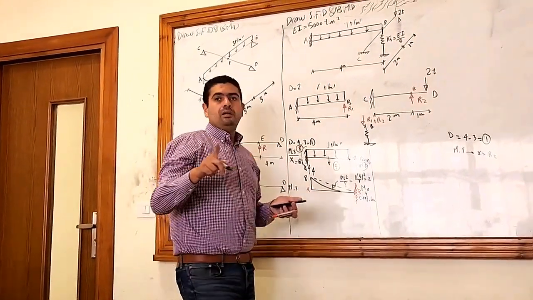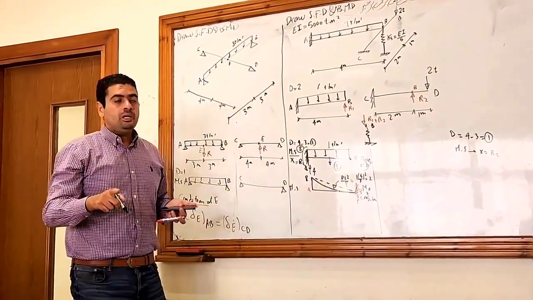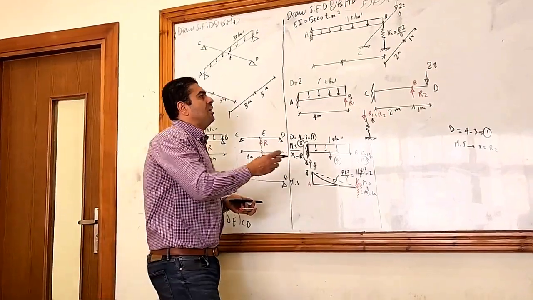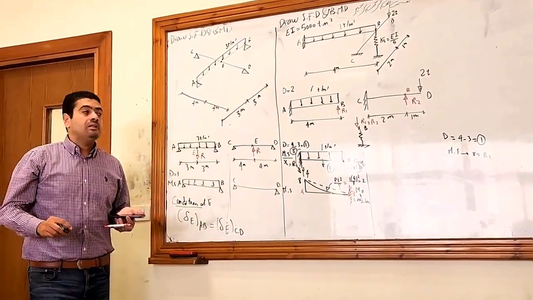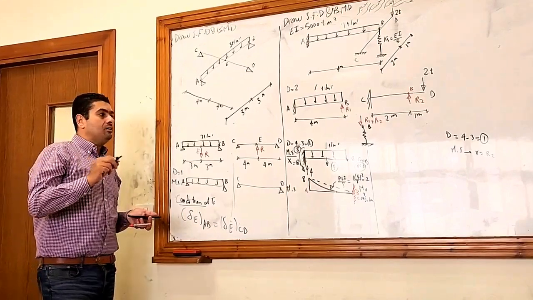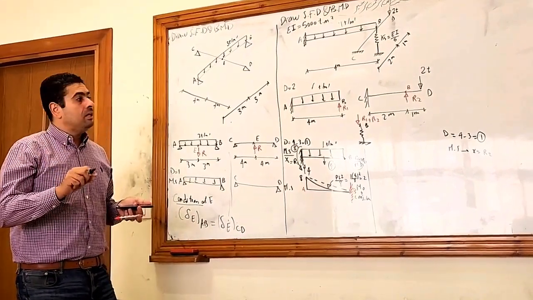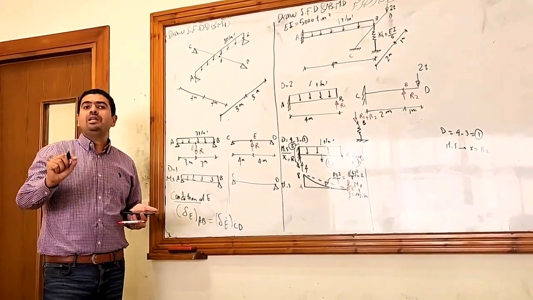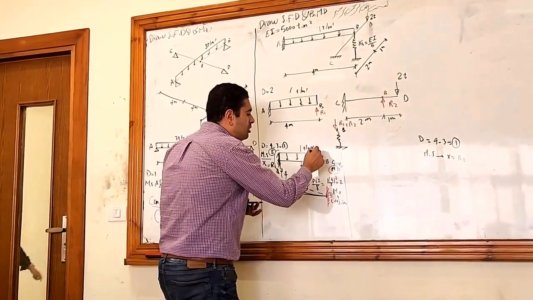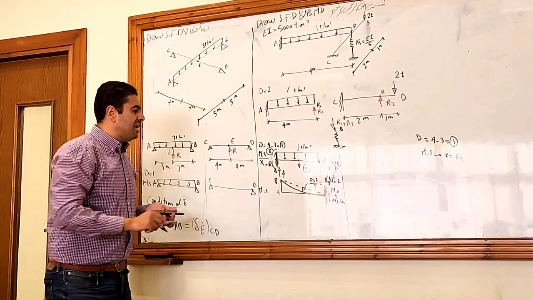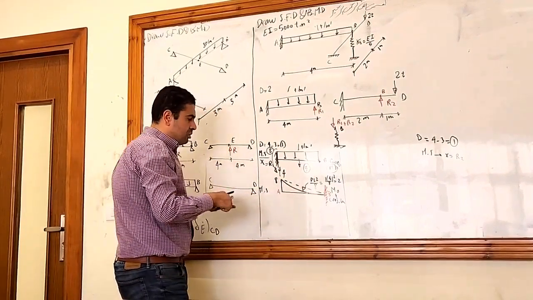If there is a difference in the inertia, I don't have any difference in inertia here. And at the point that I removed a redundant at, or the same meaning, the point that I will calculate a displacement at. So I will calculate the displacement at B, so it's already split at B. So I don't need to split any extra splits here.